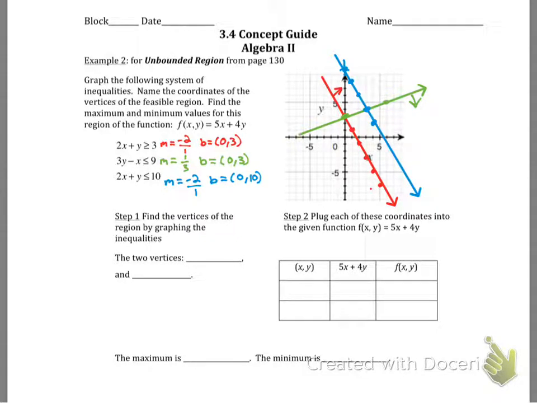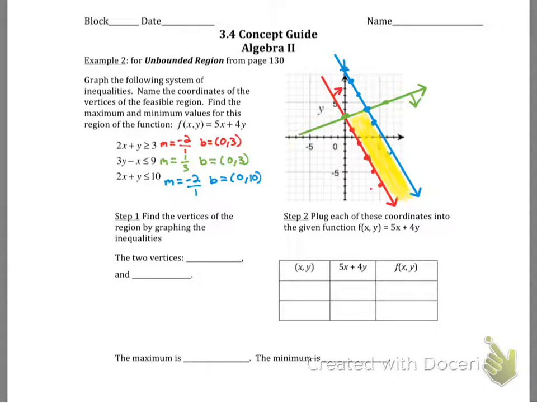Have my line. Well, if I had subtracted 2x on that third line, that would give me y is less than.